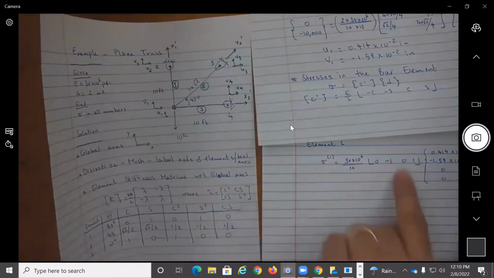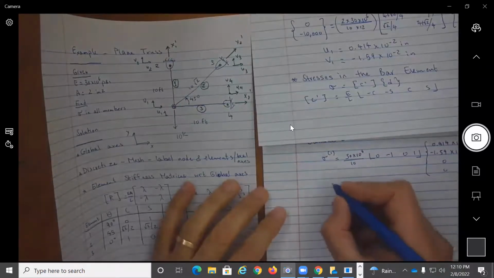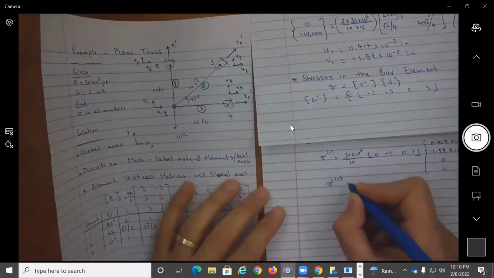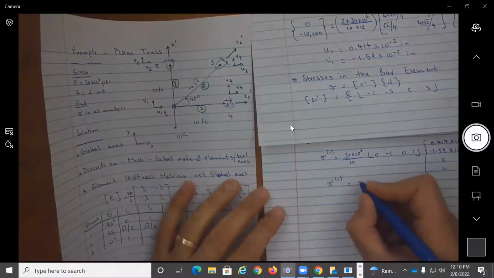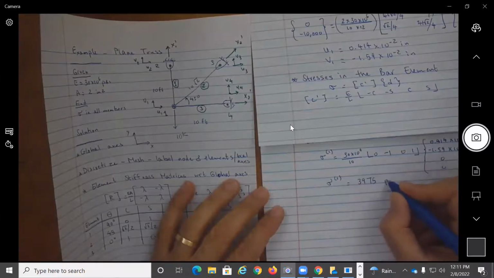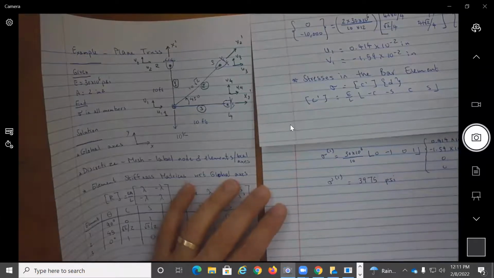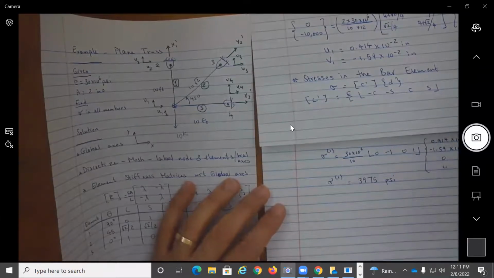And please remember, the outcome of this multiplication is one number only, a scalar, right? So I get here sigma for element 1 equals a positive 3,975 psi. So element 1 is in tension, which makes sense.